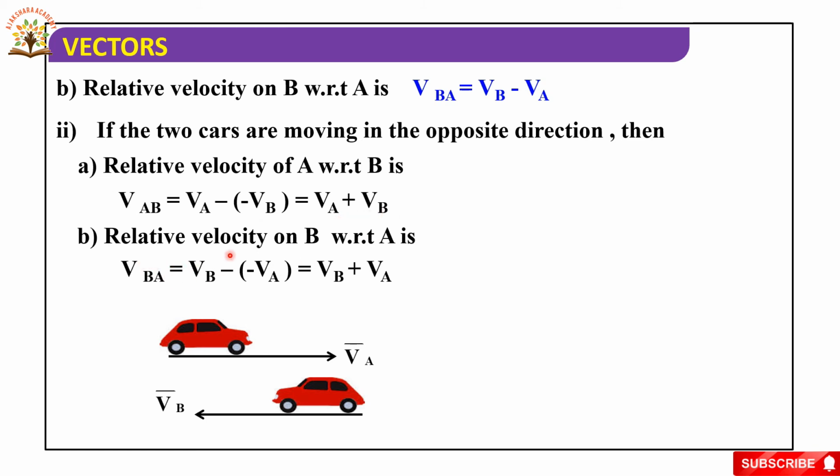The relative velocity of B with respect to A is VBA equals VB minus of minus VA, that is VB plus VA. Here one car is moving with velocity VA bar, and another car is moving in the opposite direction with velocity VB bar. So when the two cars are moving in opposite direction, the relative velocity of A with respect to B is VA plus VB, and of B with respect to A is VBA equals VB plus VA.